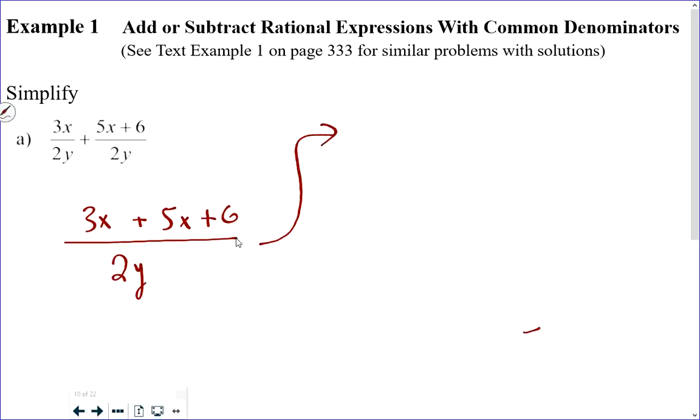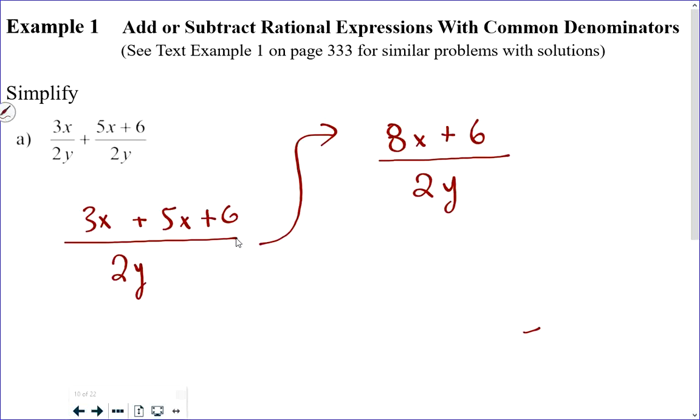This is a really simple set of rational expressions to add. I can add the 3x and the 5x to get 8x. So I get 8x plus 6 over 2y.